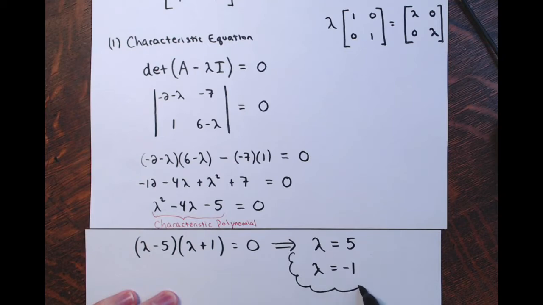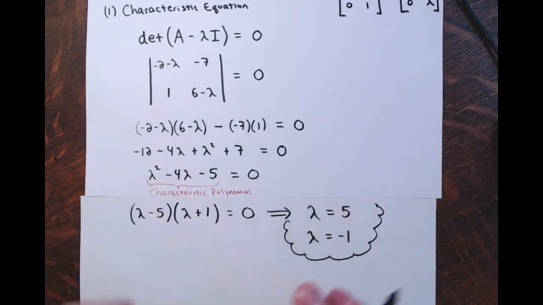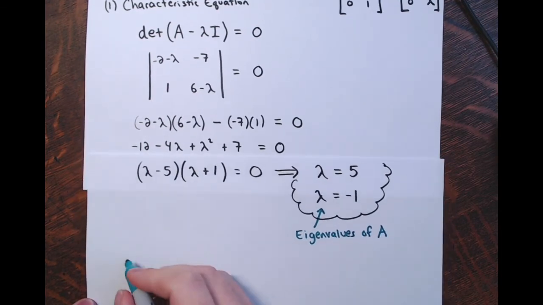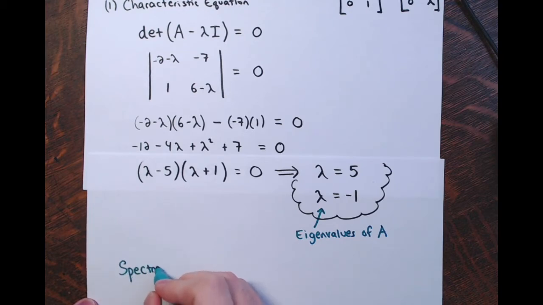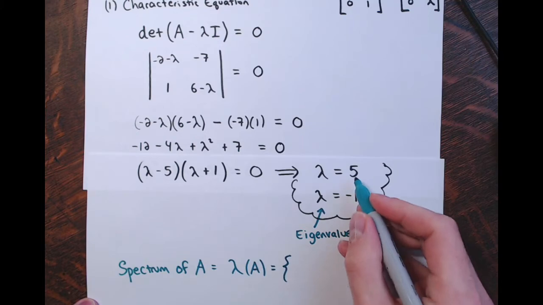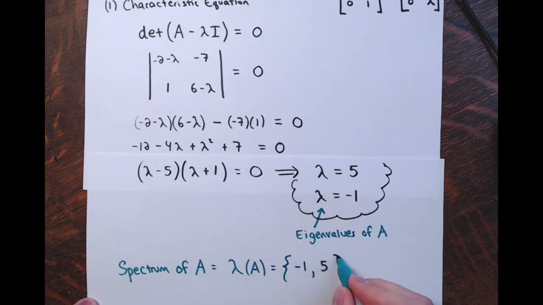And then right here, these are the eigenvalues of matrix A. And them in the same set, those are what belong to the spectrum of A. Again, we would say that the spectrum of A, which is just the set of all the eigenvalues, this lambda of A, is this set, the set with negative 1 and 5 in it.